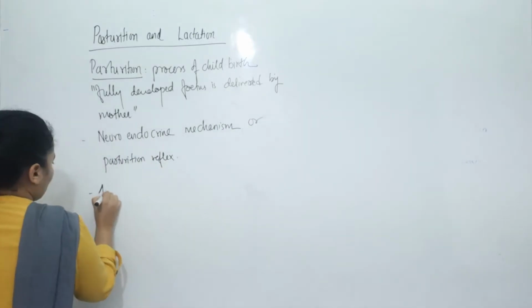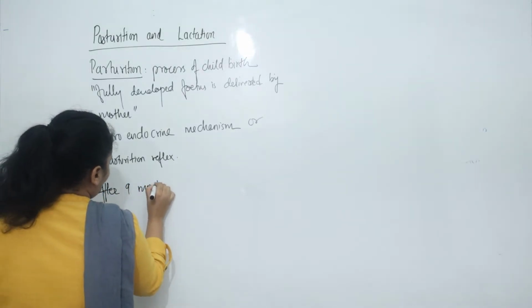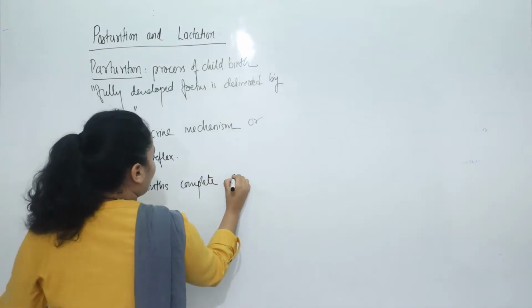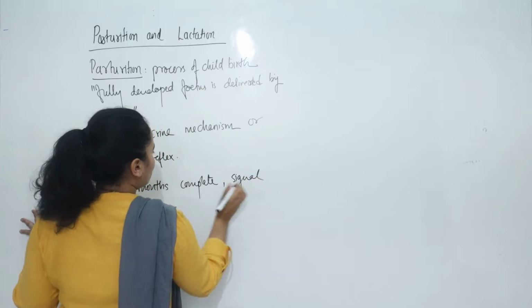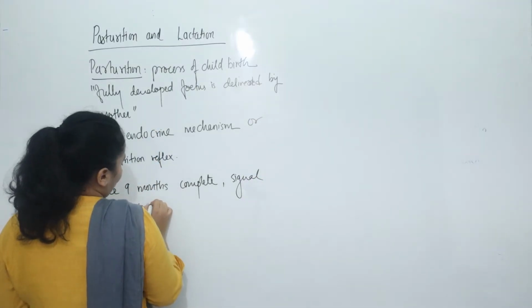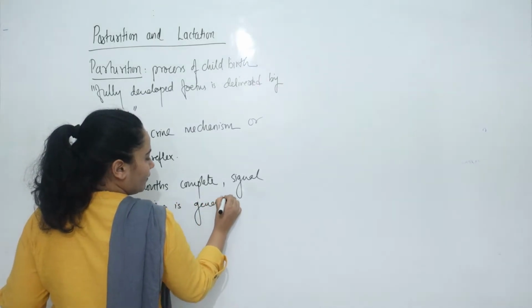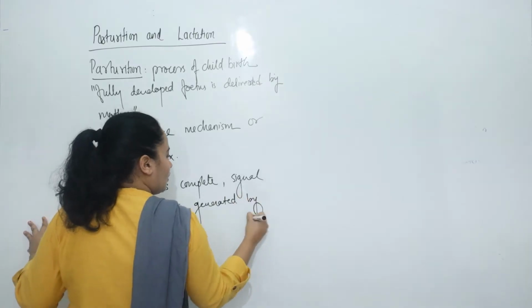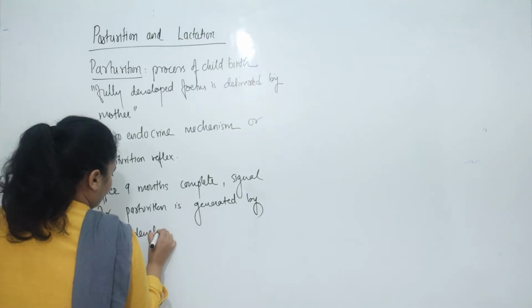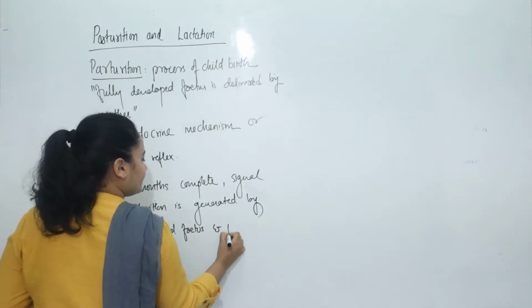So after 9 months are completed, the signal for parturition is generated by the fully developed fetus and placenta.